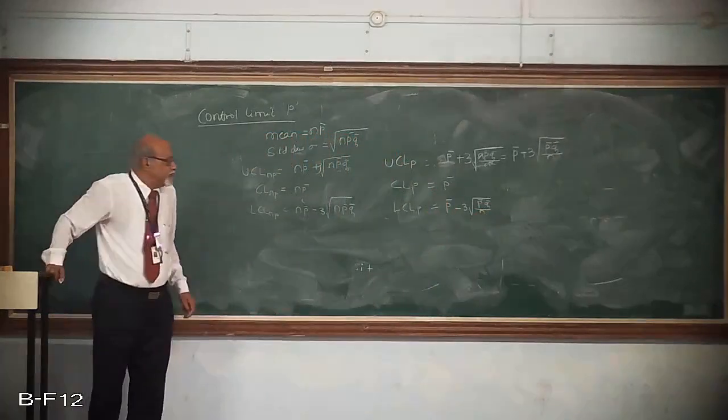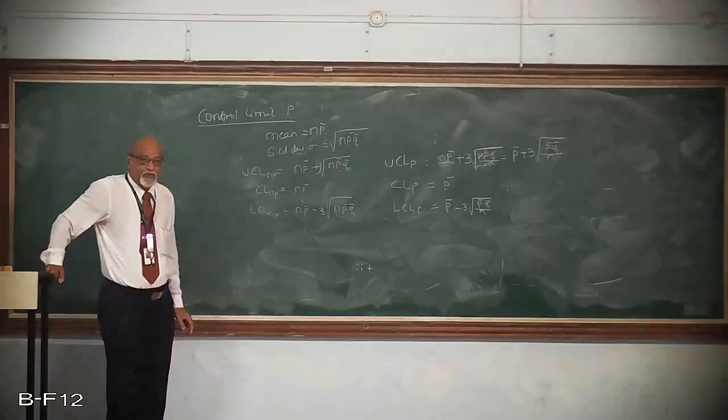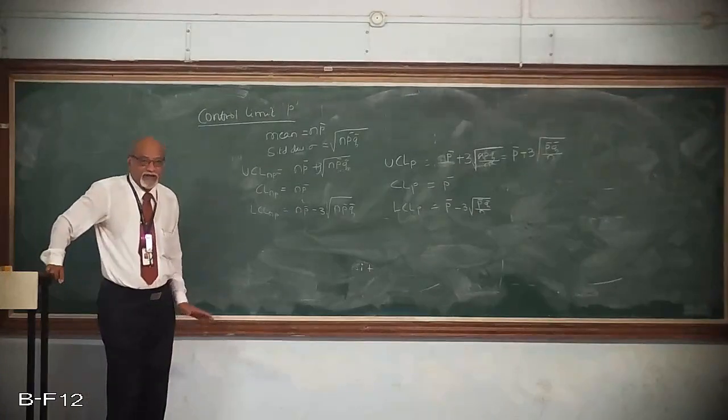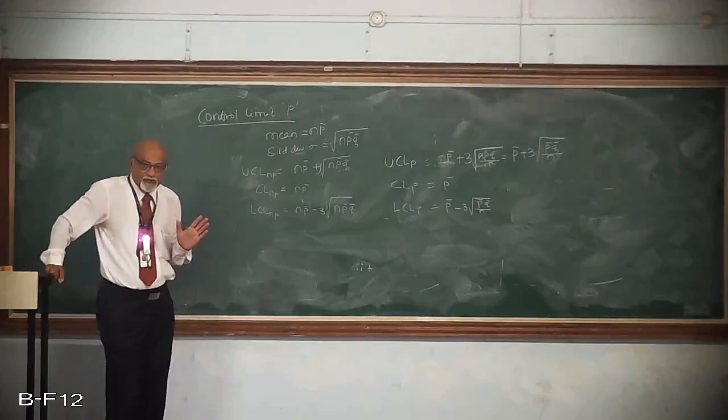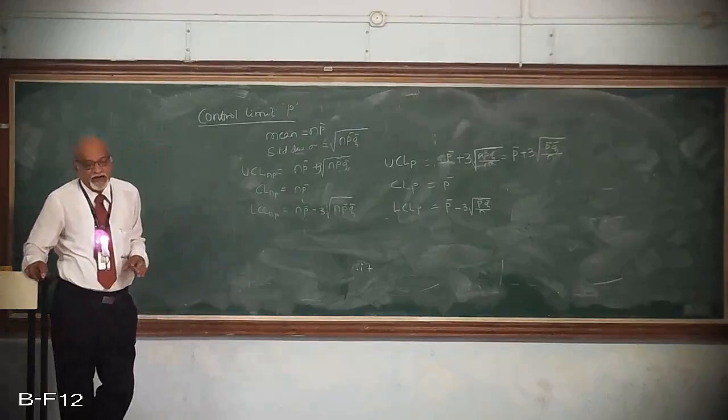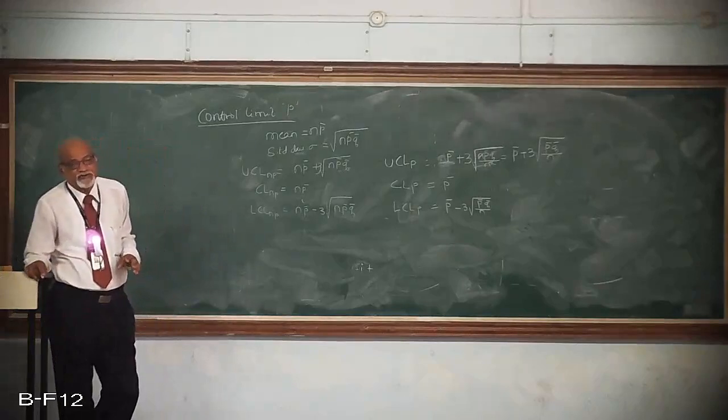Okay. Now the question is when to use the P chart and when to use the NP chart. We have already discussed that. In fact, there are 4 types of control charts for attributes. 2 are meant for when the fraction defectives or the number of defectives are mentioned, and 2 charts, namely the C chart and the U chart, are used when the defects are mentioned.